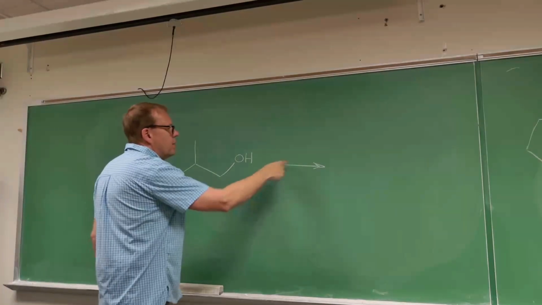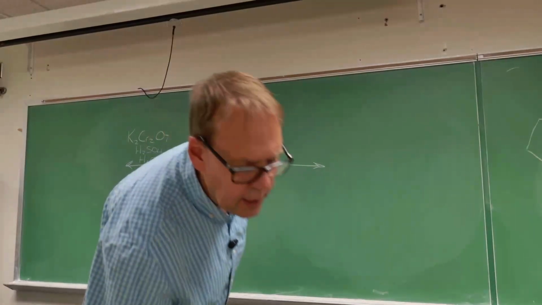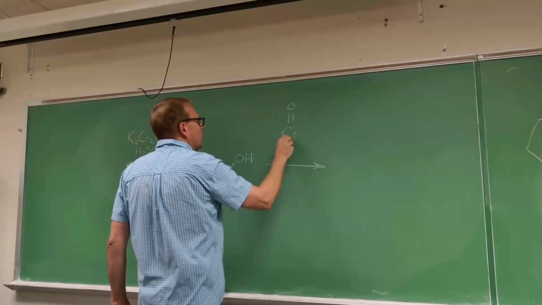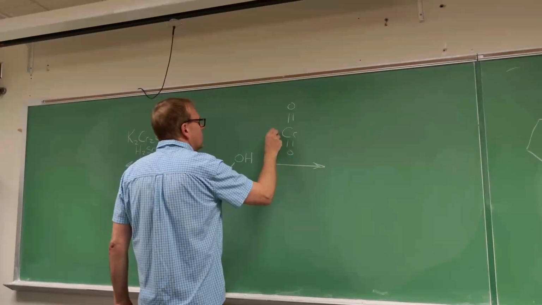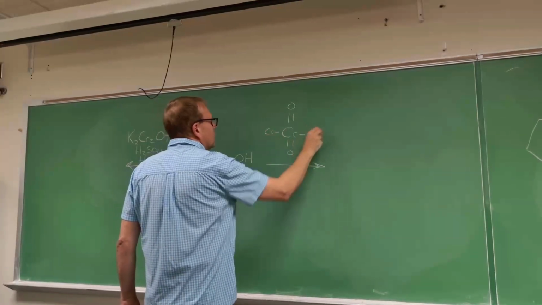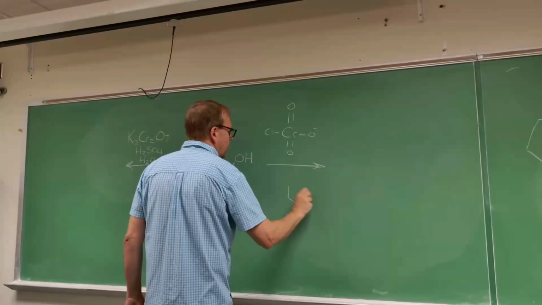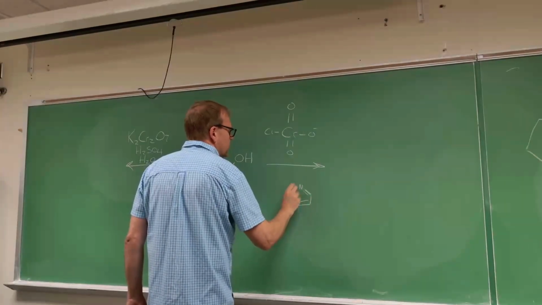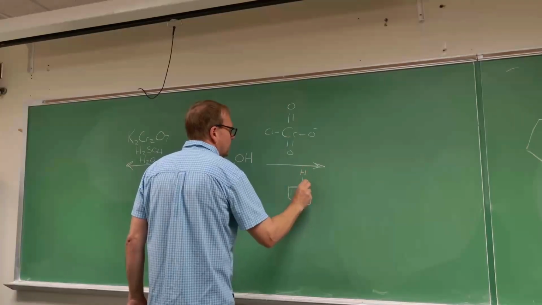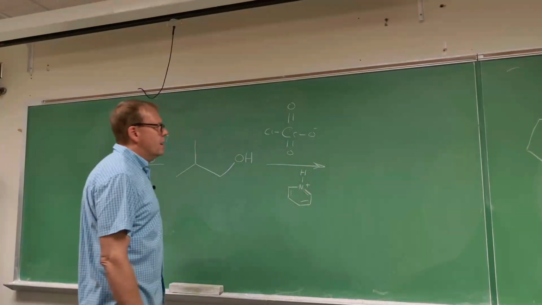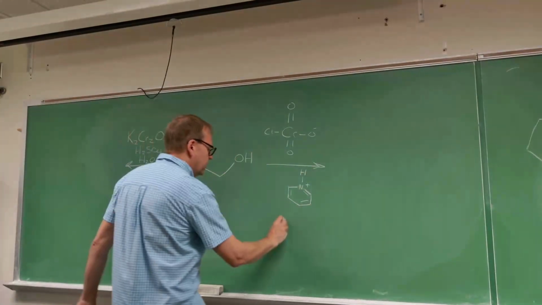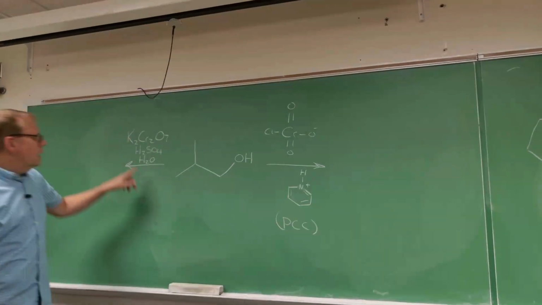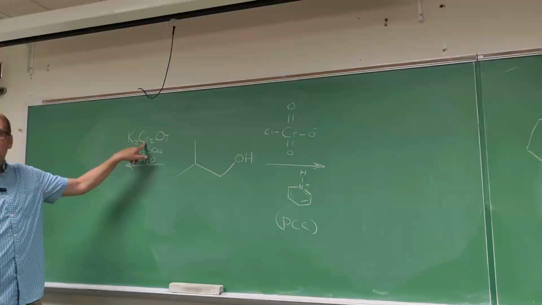And over the right pointing arrow is this molecule, and there is a ring with a nitrogen, a proton and a plus charge on the nitrogen. This is the PCC reagent. And this is potassium dichromate.